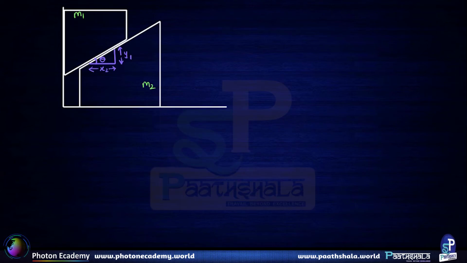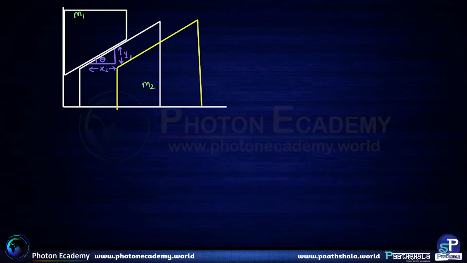So you can draw an alternative diagram and say that this block shifted towards the right hand side. The block of mass m2 shifted towards the right hand side. So here the block of mass m2 is like so.